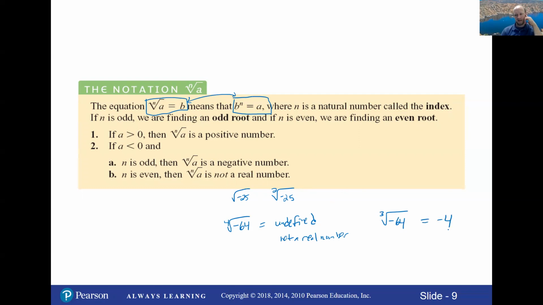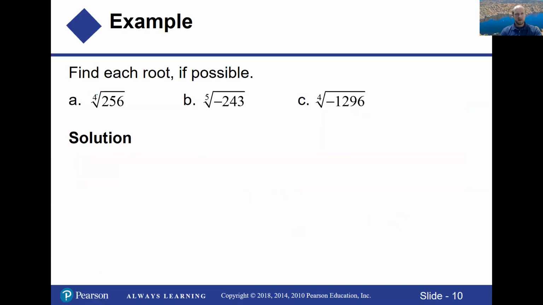That's going to be negative 4, because I have an odd root with a negative number. I can do that. That's this rule. All right, find each root if possible. So, kind of a hint there that one or more of these might not be possible. Well, this one I don't have to worry about, right? Let's see. Yeah, I wanted to do that.